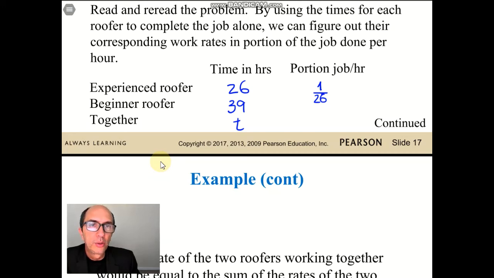He is going to work in 1 hour, right? And the beginner is going to work 1/39 of the roof. This is the proportion of the job the beginner works each hour. Together, the production is going to be one roof for each T hours, right?